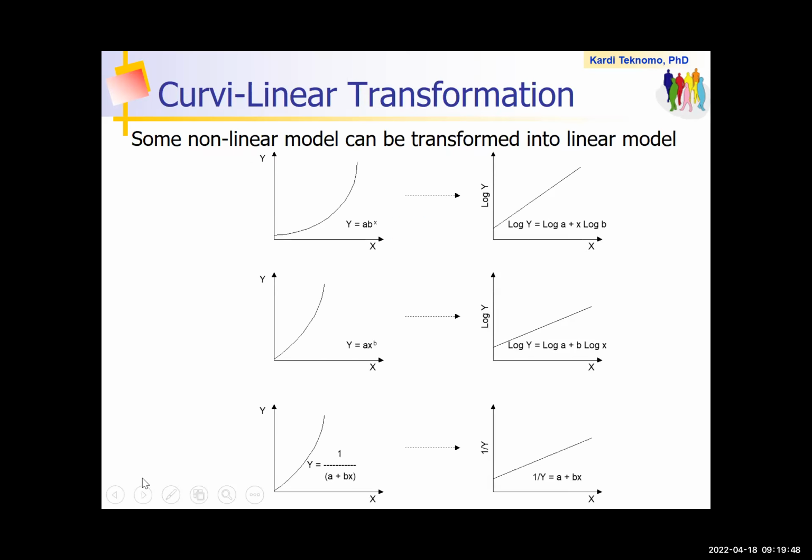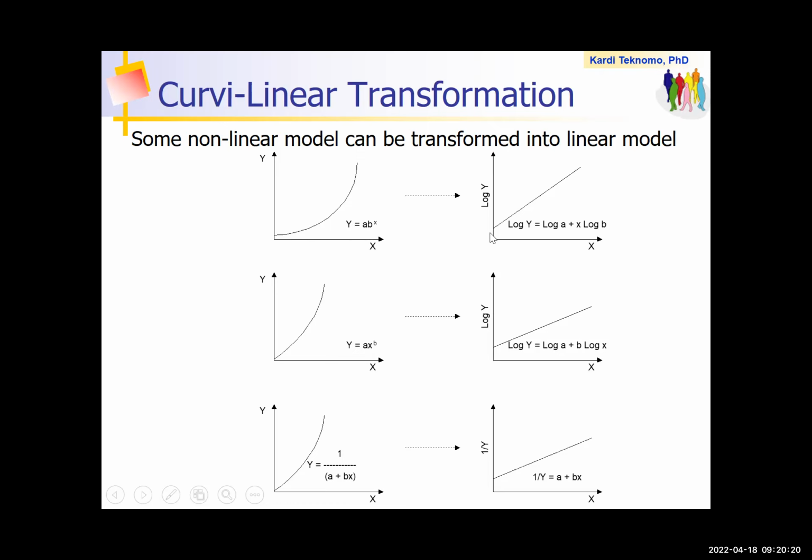Okay, so some non-linear models can be transformed into linear models. These are a few examples of non-linear models that you can transform into linear models. Say y equals a times b exponent x. a and b here are numbers, y and x are the variables.